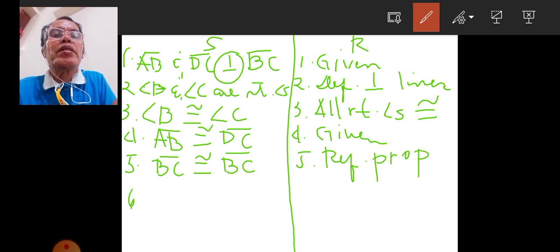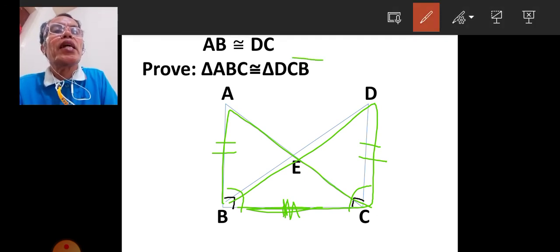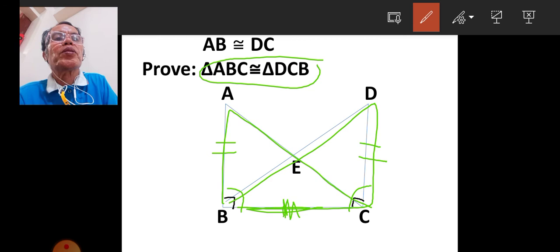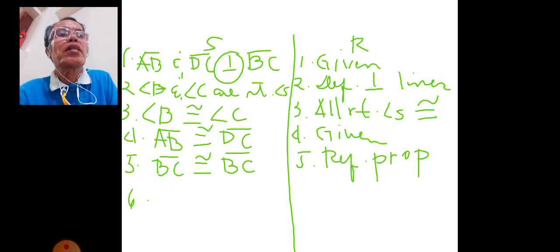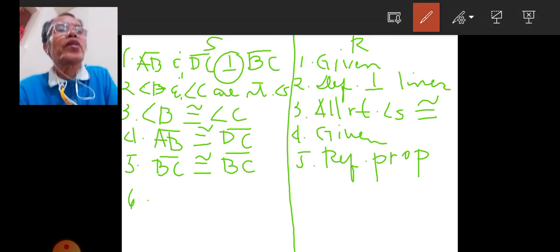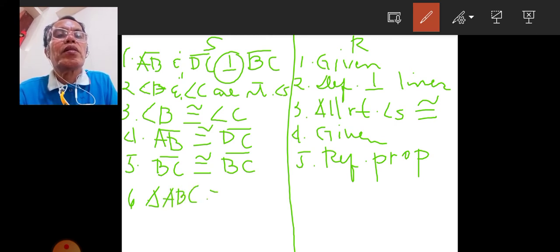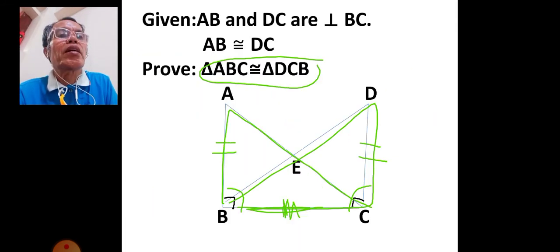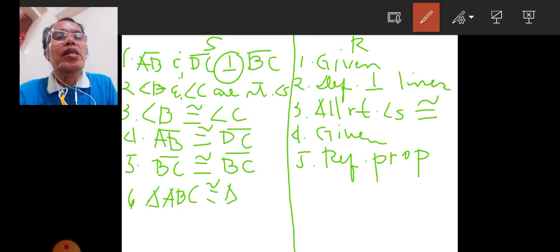And number 6, the one that we are going to prove is triangle ABC is congruent to triangle DCB.